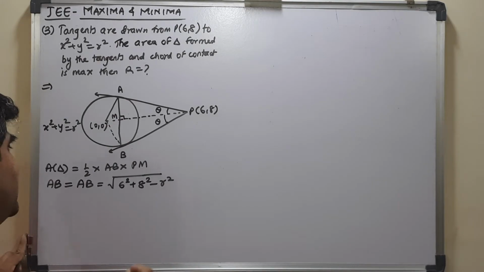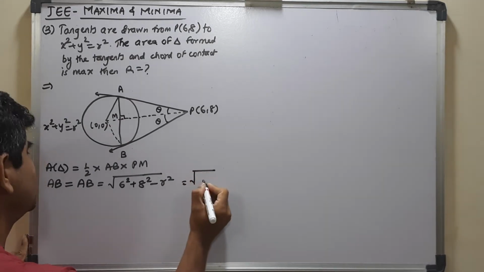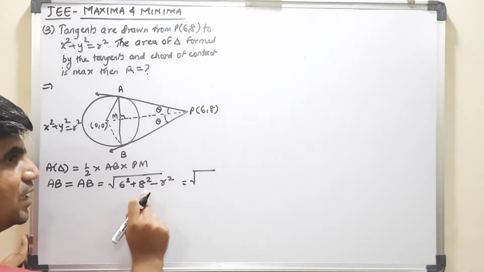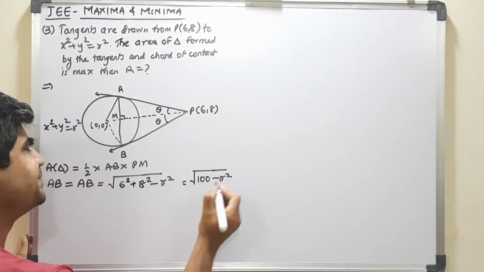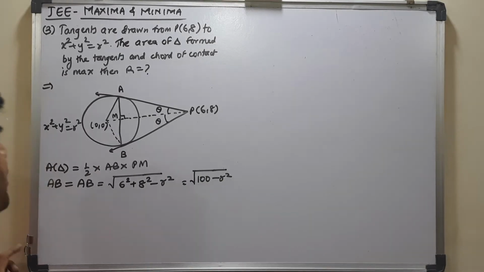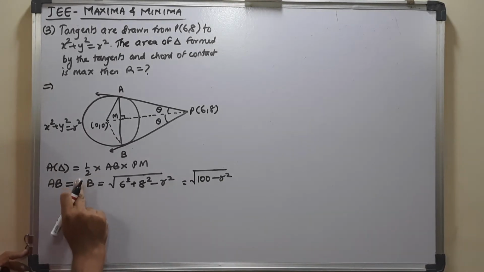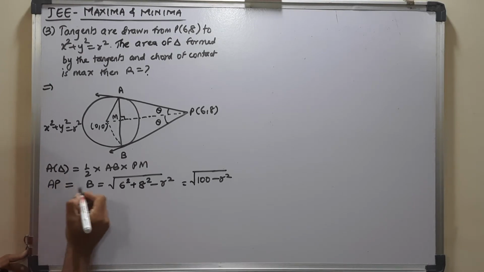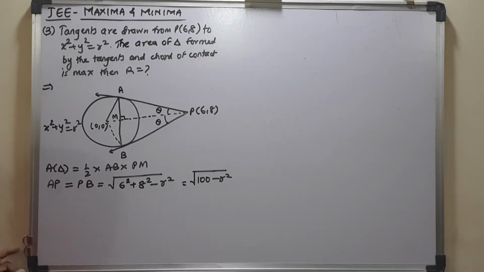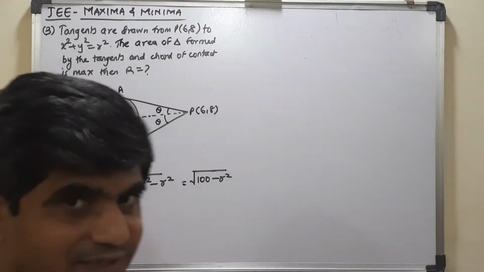So what you get is under root 6 square, 36 and 64, 100 minus r square. This is your AP and this is your PB. AP and PB length both are under root 100 minus r square.